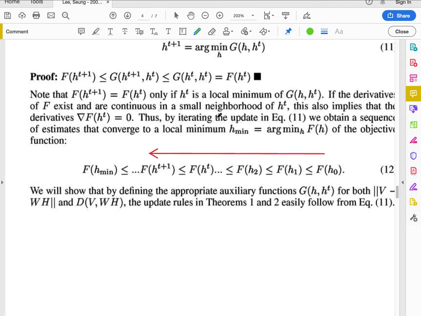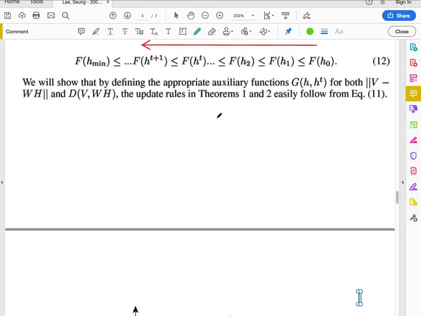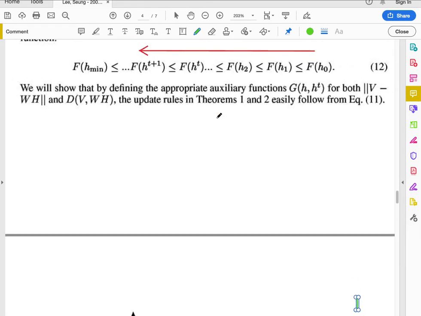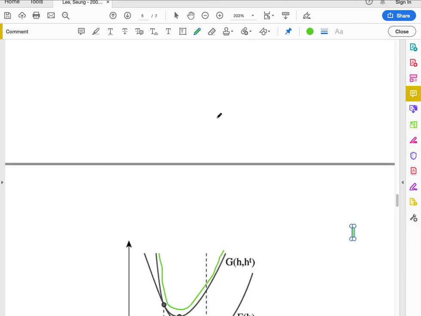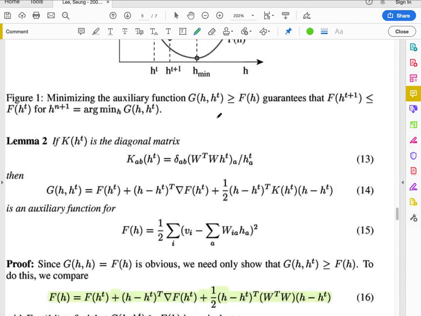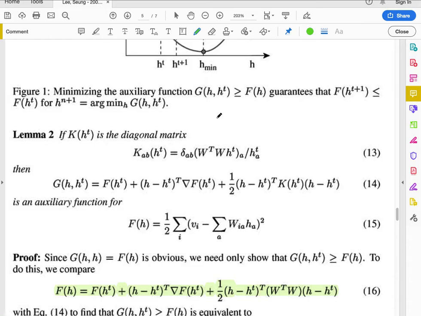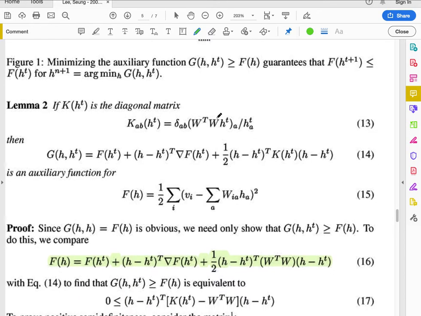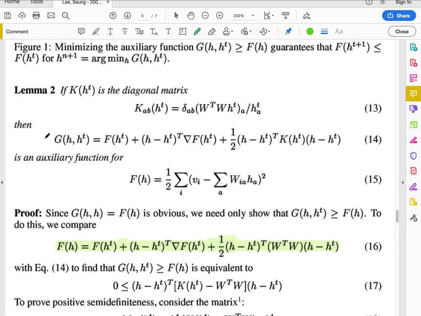Okay. So what we can see visually, they have just written it in terms of some formulas. Now they have defined the form of G. What is our G? So G is a function of H and HT.